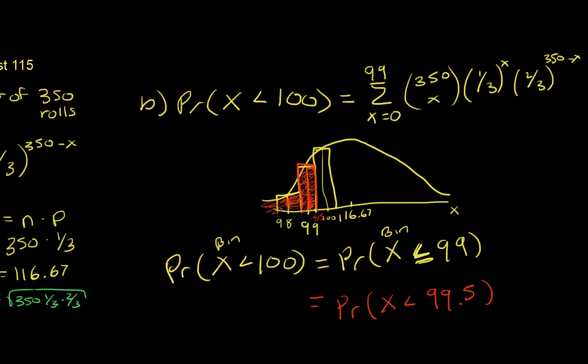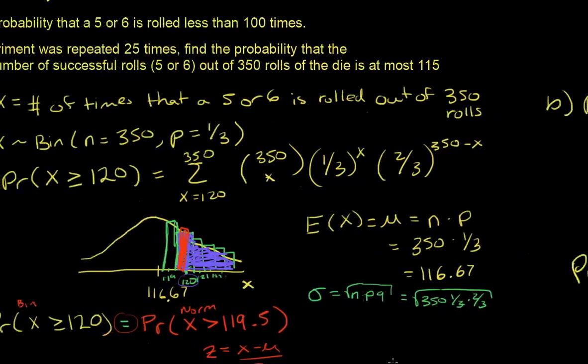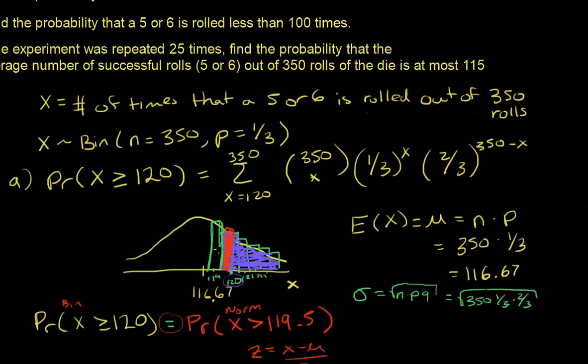Notice in this problem, we added half, basically, because we wanted to go between 99 and 100, and this was a probability for less than. However, in the previous problem, since we had 120 and we wanted more than 120, we actually had to go back, because you're trying to fill in the entire block for the equal sign.